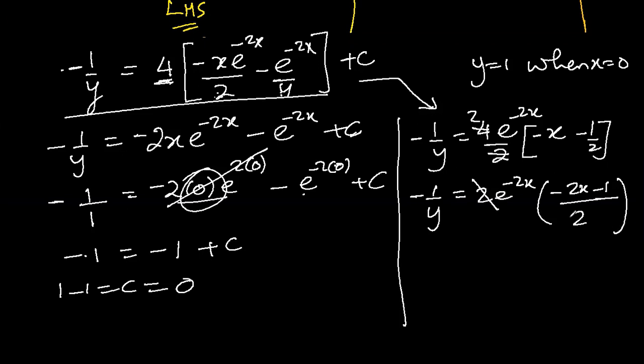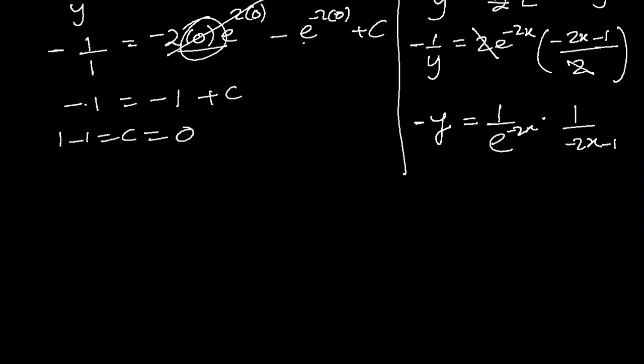Alright, this 2 and this 2 again get cancelled out. Okay, everything is falling in place now, and we'll reciprocate this now. It becomes minus y equal to, we have to reciprocate this also, so 1 over e to the power minus 2x, and we have to reciprocate what is here also, 1 over minus 2x minus 1.